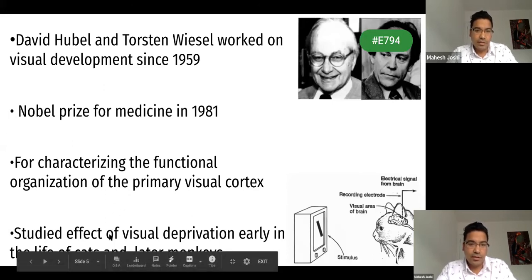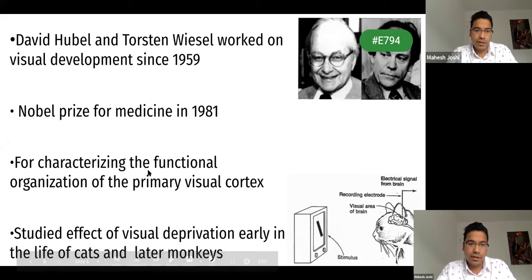They characterized the function and organization of the primary visual cortex. Most of the research in amblyopia originated from their work in the 1980s and before that as well, right?